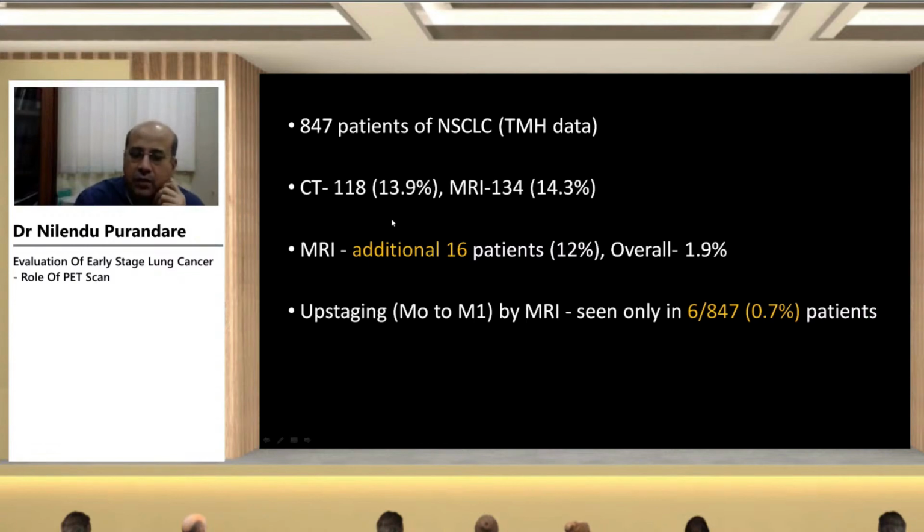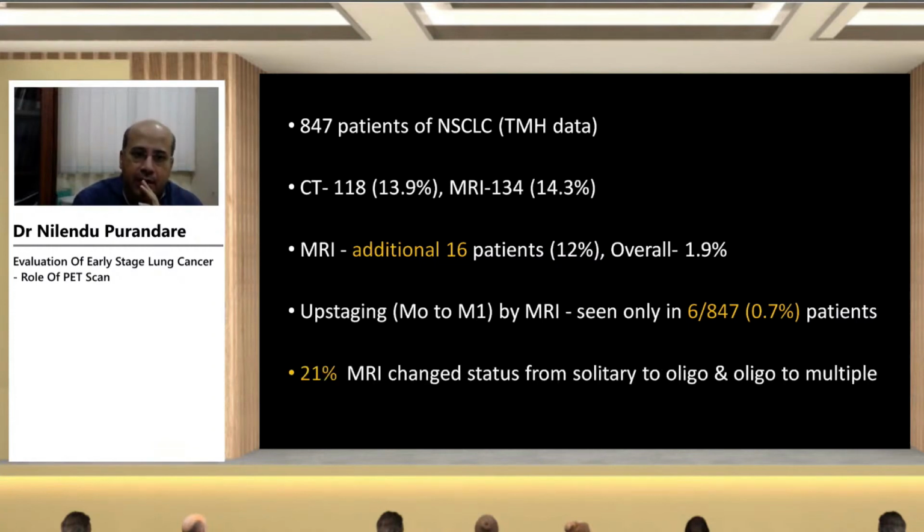However, the upstaging from M0 to M1, which was seen by MRI, was seen only in about 0.7% of patients. That is, in less than 1% of patients did MRI actually upstage the disease after PET CT, which means that if the patient had brain mets, the patient was already metastatic elsewhere in the body. So actual upstaging from M0 to M1 was achieved only in less than 1% of patients by MRI.